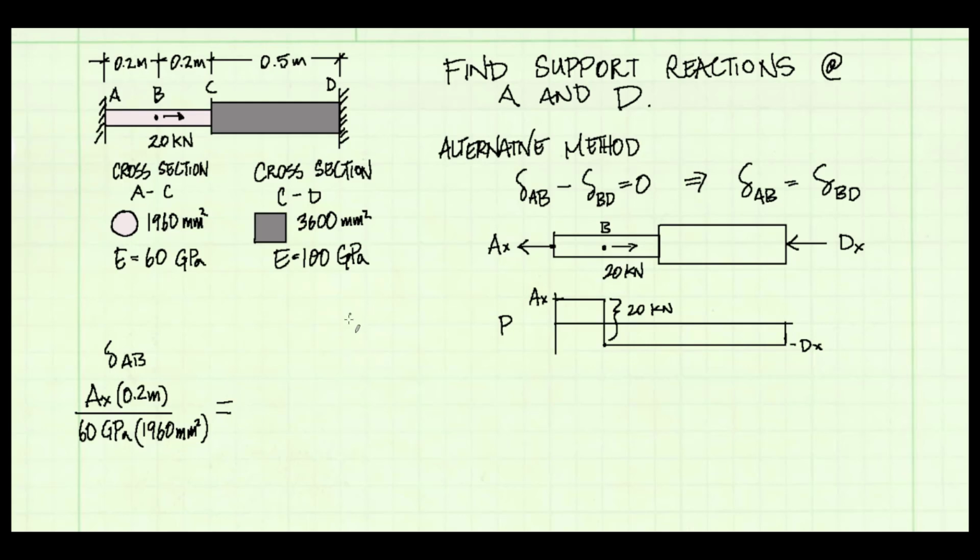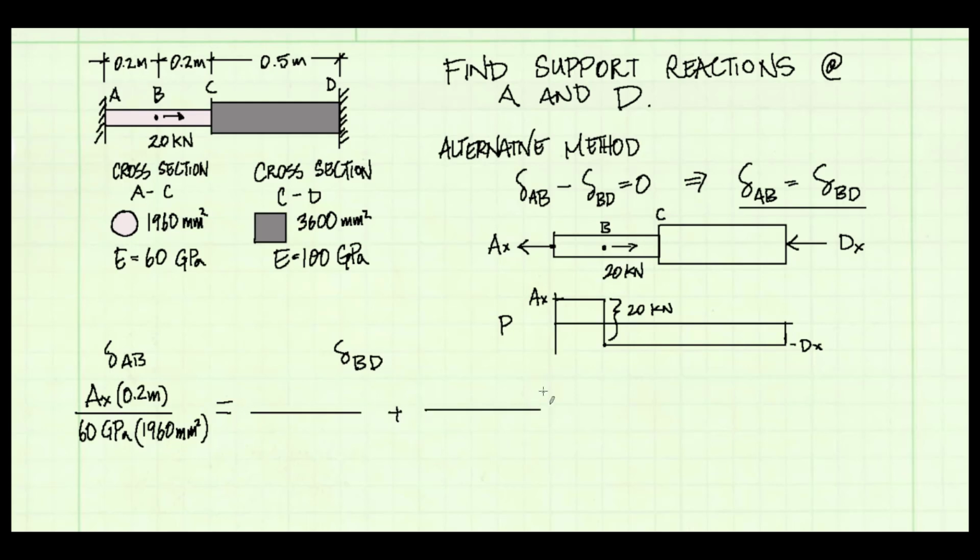So now let me look at delta BD, the other side of our compatibility equation. Delta BD is occurring from B to D, but along that length, the cross-section and also the material changes. That's going to be a change at point C. So I'm going to break up delta BD into two terms.